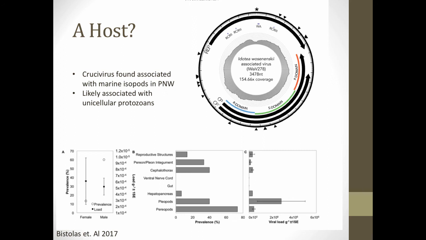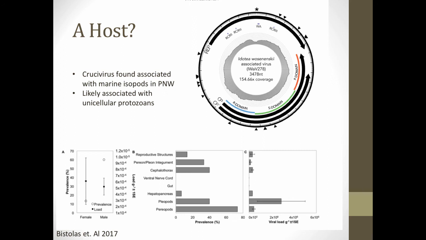these marine isopods that this group was looking at, and this group happened to be from the East Coast, they were looking at marine isopods in the Pacific Northwest. And so they looked at isopods on the Canadian coast, off the Washington coast, and I think off the California coast, which I guess isn't Pacific Northwest.